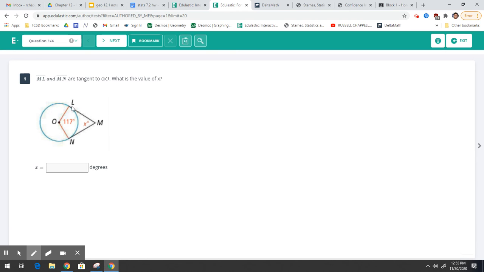this is a quadrilateral, a four-sided figure. A quadrilateral has 360 degrees. We could use that formula n minus 2 times 180. But if you have it memorized that a triangle is 180 and a quadrilateral is 360, you just keep stepping it up in terms of the sum of the interior angles.